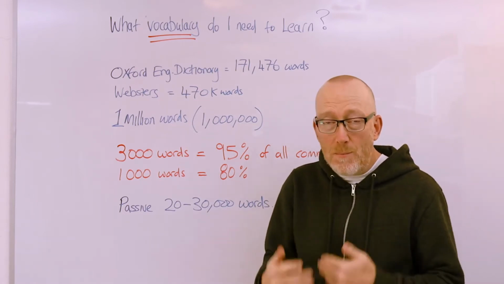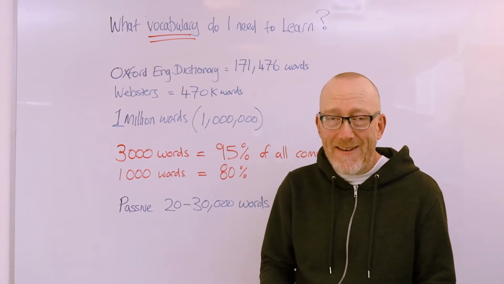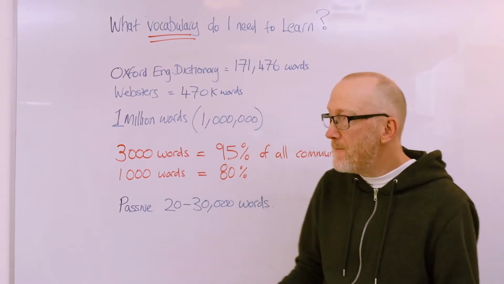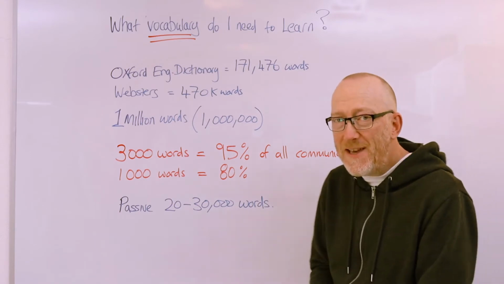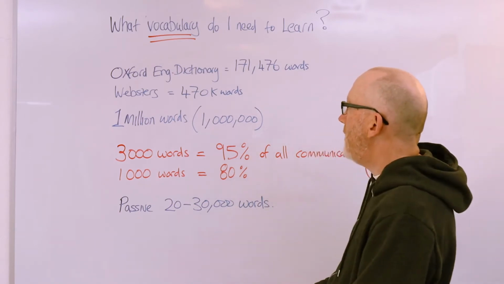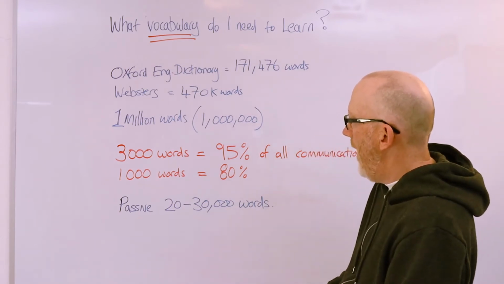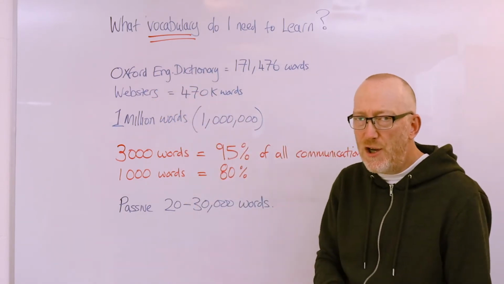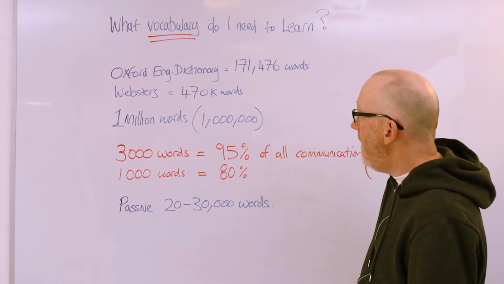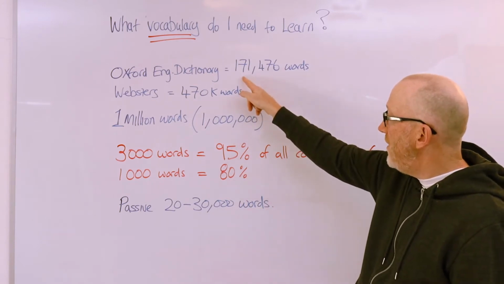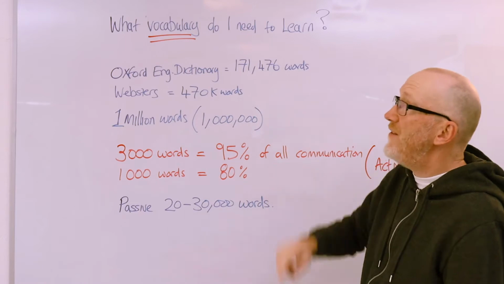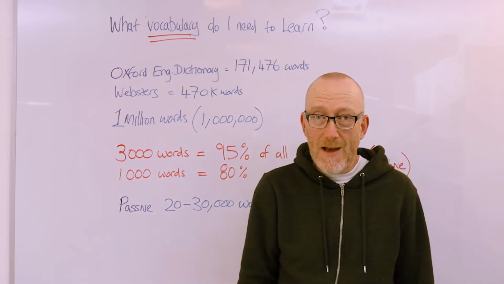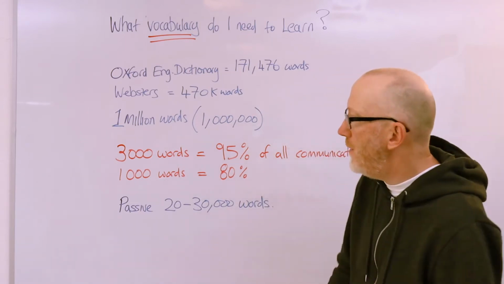And there are always more and more words being created and used every day. But there are some places we can go to for reference. So, for example, the latest version of the Oxford English Dictionary has 171,476 words. So that's an awful lot of words.